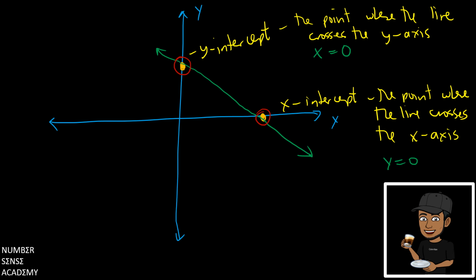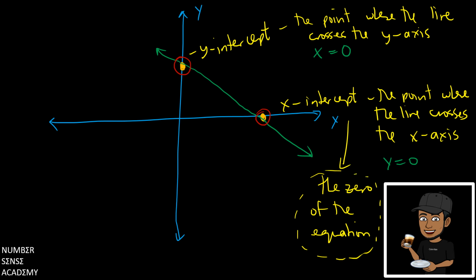And one more thing about the x-intercept. The x-intercept is also called the 0 of the equation. This is something that's going to show back up when you get into graphing, or quadratic equations or cubic equations. We're interested in the zeros.